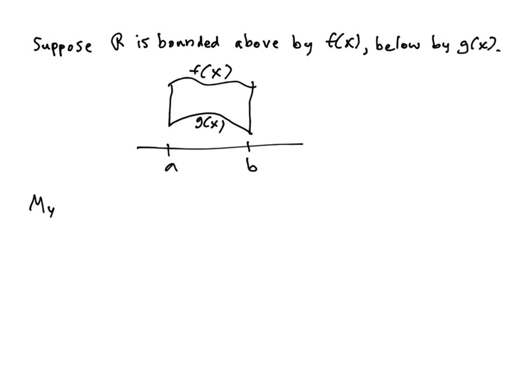In this case, my would be the integral from a to b of rho x f of x dx, this is the moment of the top, minus the integral from a to b of rho x g of x dx, which we can combine into a single integral.